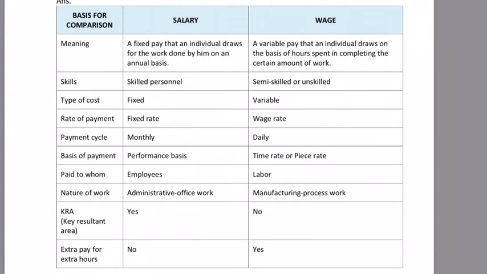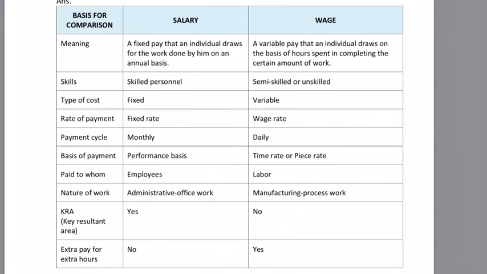Payment is done as per work done or time spent. The payment cycle for salary is monthly and for wages usually daily or weekly. Salary is paid based on the employee's performance. Wage is paid either based on time spent or the output.